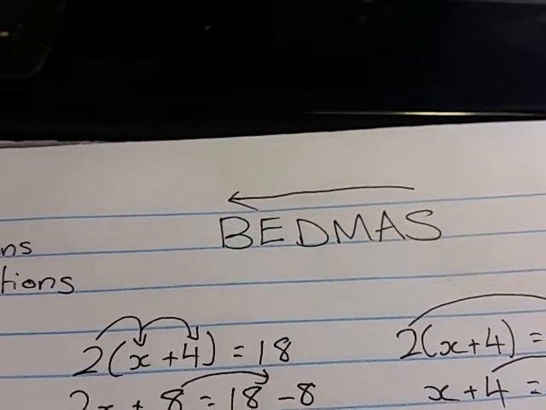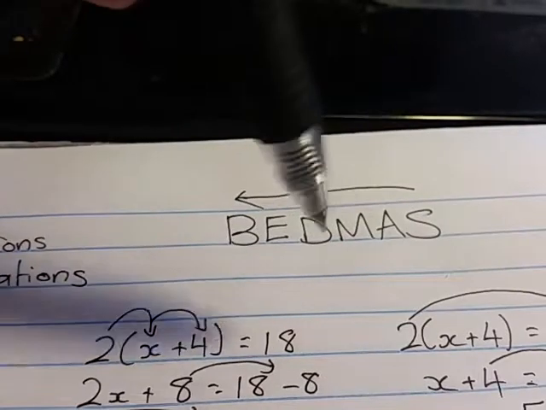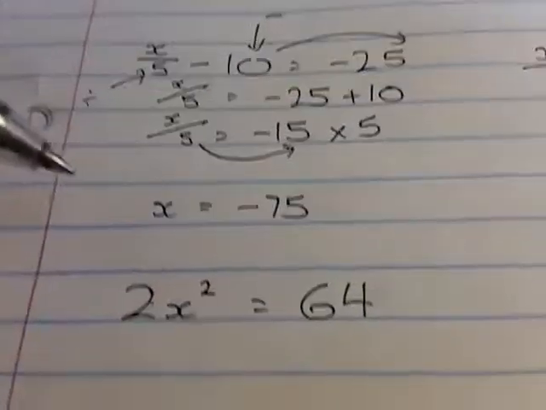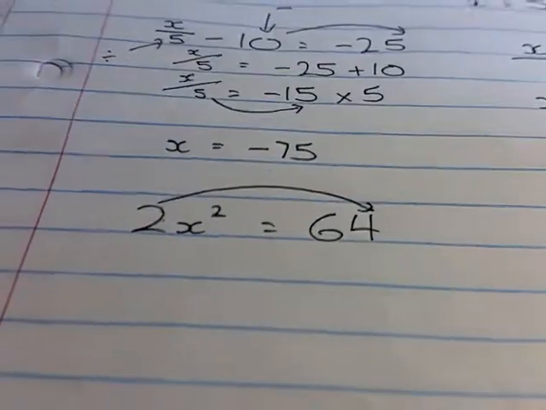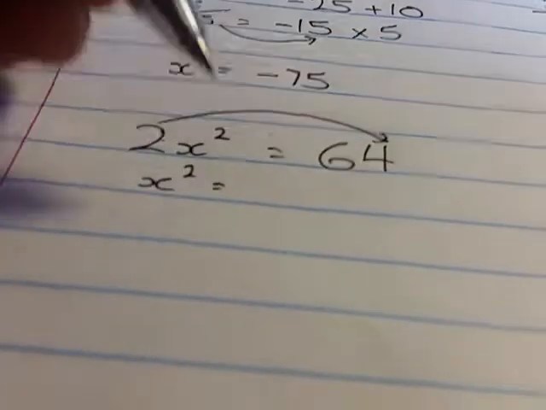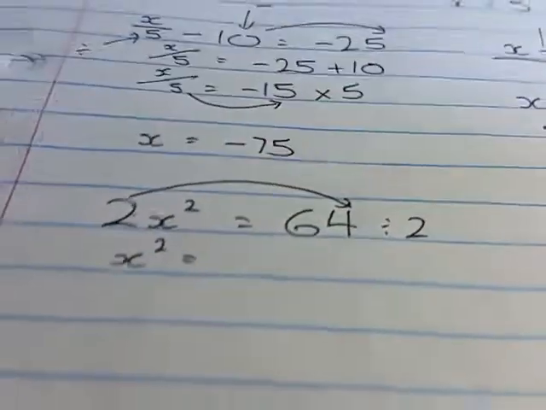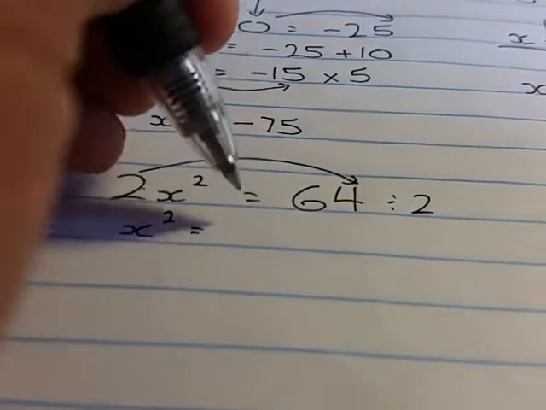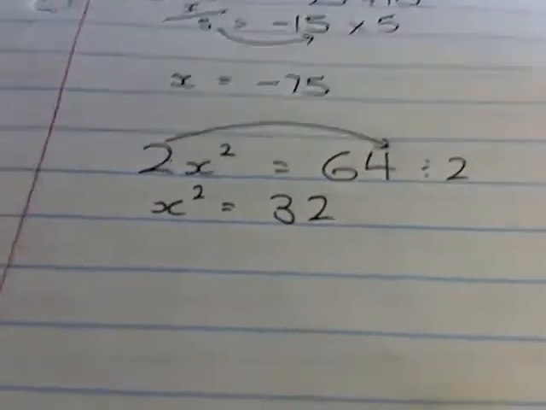In reverse BEDMAS, what do you think comes first? The multiplication. So we can move the 2 first. So you end up with x squared equals 64 divided by 2, which is 32.